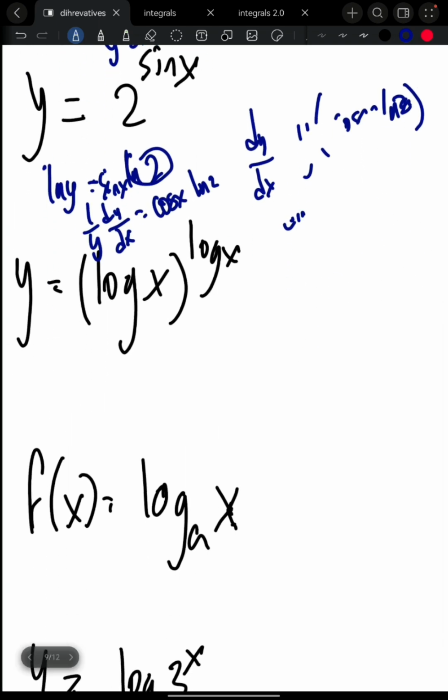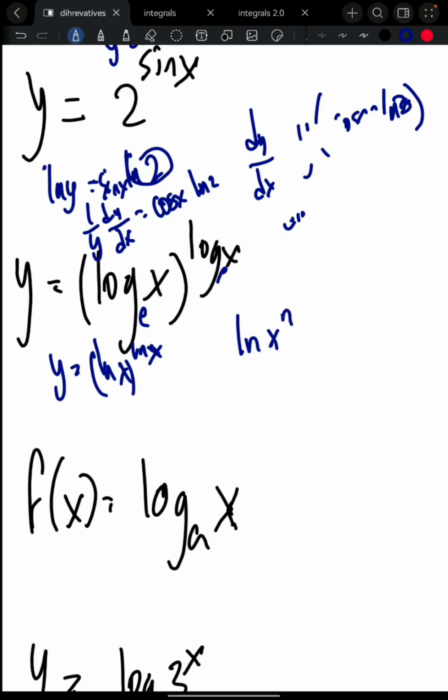y is equal to log x to the power of log x. I'm gonna assume this is just log e. So y is equal to ln of x to the power of ln of x. But wait, can you bring the power in front? No. The only time you can bring a power in front is if it's x to the n, or like x to the log x. But if it's the whole function, you can't bring it to the front, because that's not how it works.